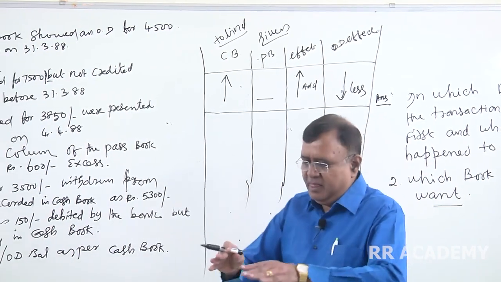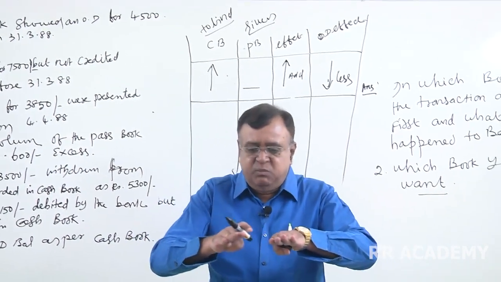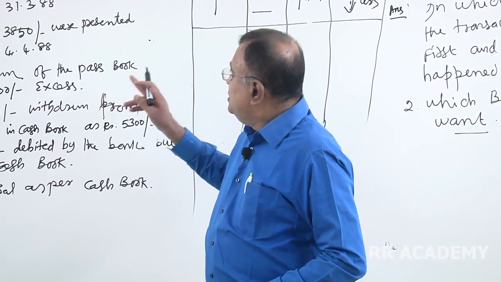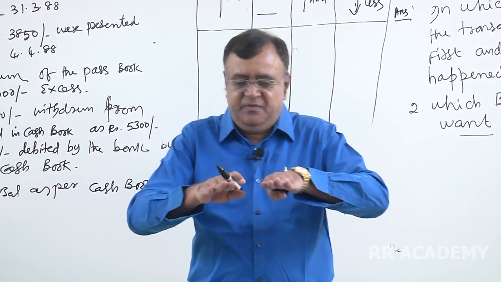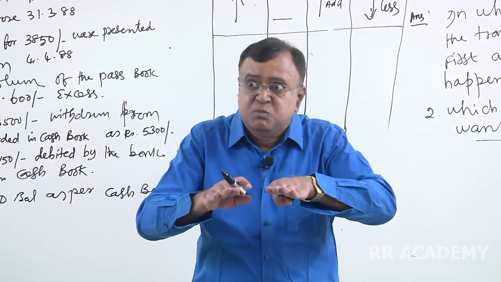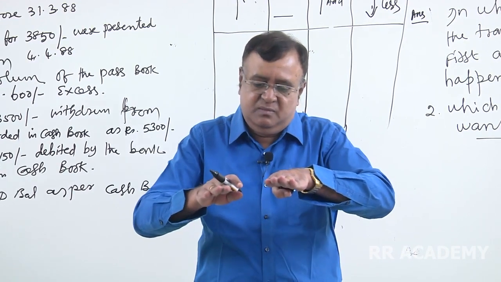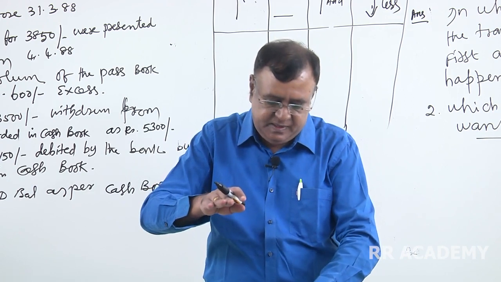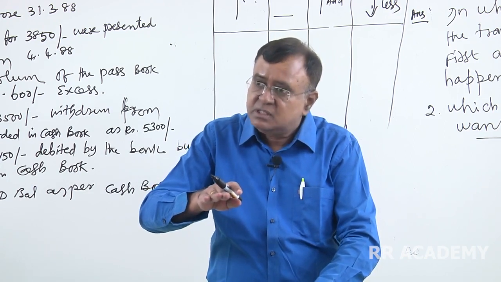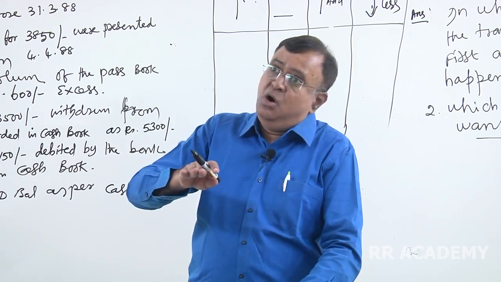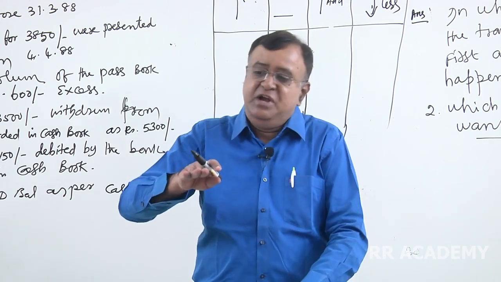Now, next. Please follow carefully. Cashbook, passbook. Now, checks issued for 3,850. When a check is issued, in which book will it appear first? Cashbook. What happened to the cashbook balance? Less. What happened to the passbook? Same, because this came to the passbook on 4/4/88 only.